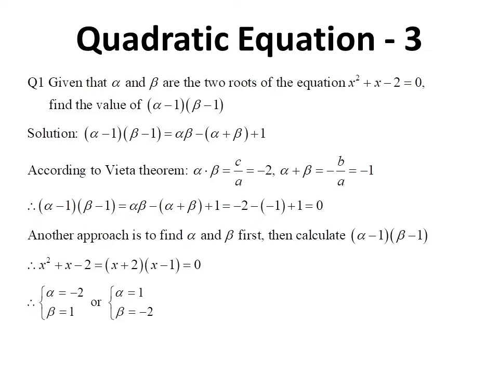However, we find either pair of the roots produces 0 after substituting them into the expression of alpha minus 1 times beta minus 1. In summary, the expression has the value of 0.